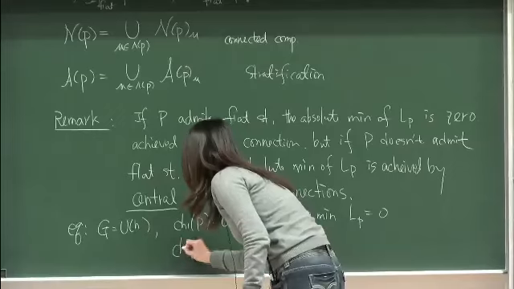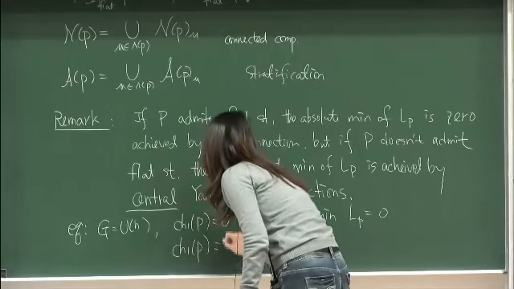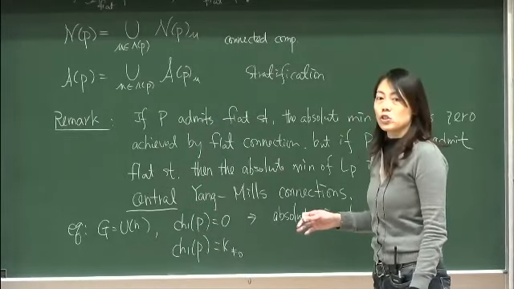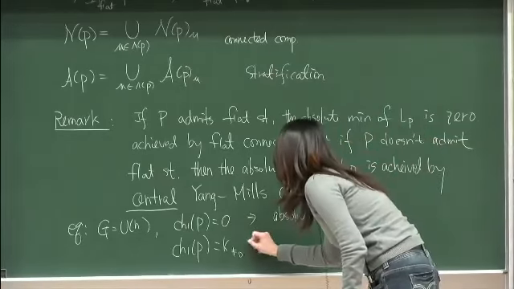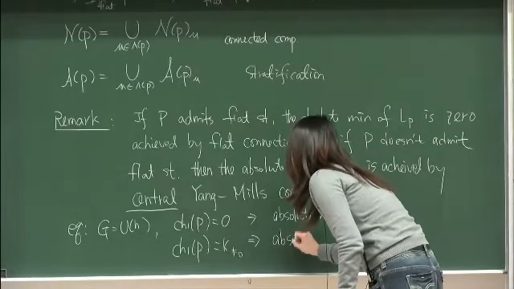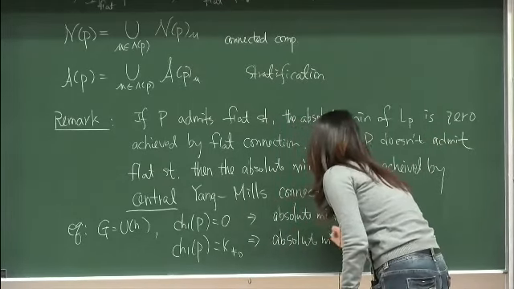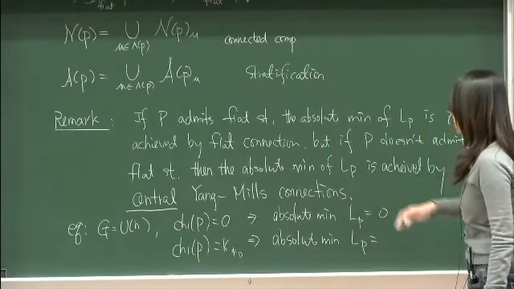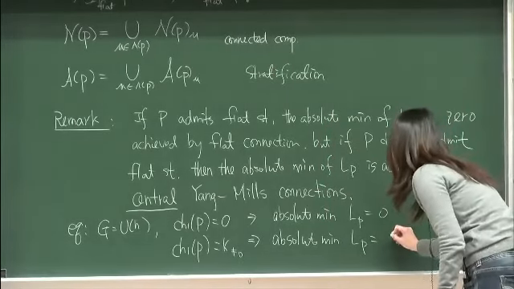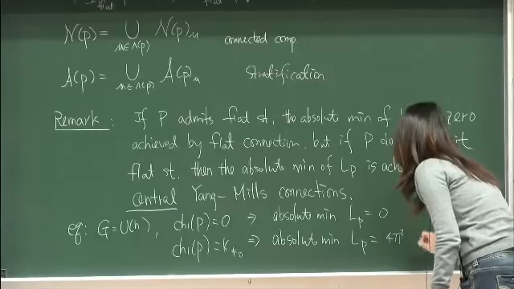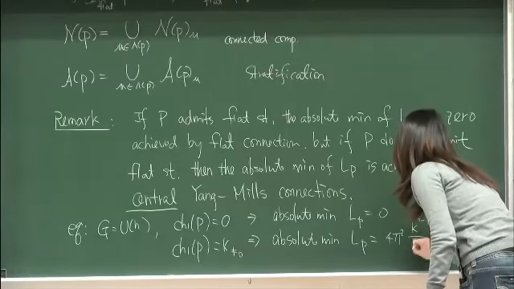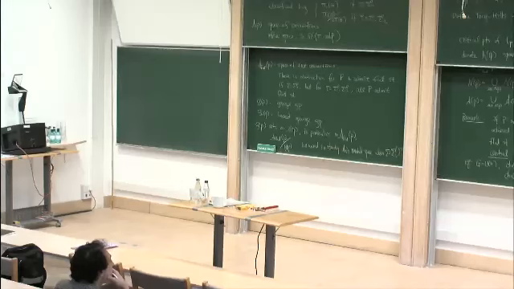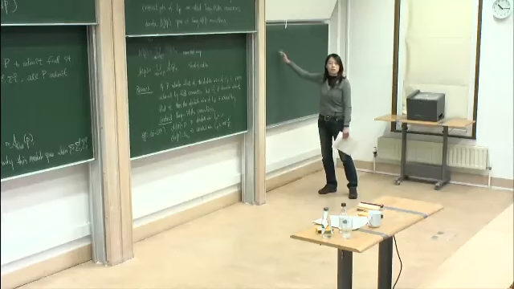Now if the principal bundle is of degree K, which is non-zero, then you don't have flat structures. But the absolute minima is achieved by those central ones, and they are just 4 pi squared K squared divided by N. So the reason for that is, can I write it here?